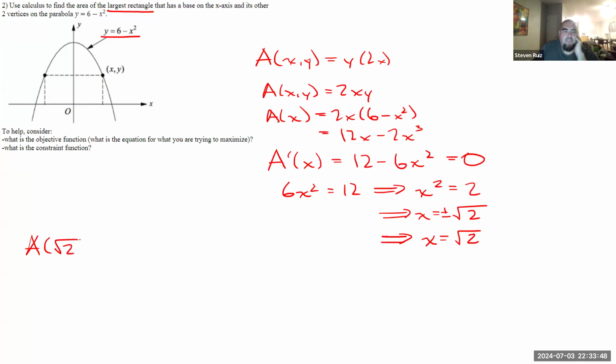What is the area given that x is radical 2? It is 2 times radical 2 times 6 minus radical 2 squared. So 2 times radical 2 times 6 minus 2, which is 4. I get 8 radical 2.